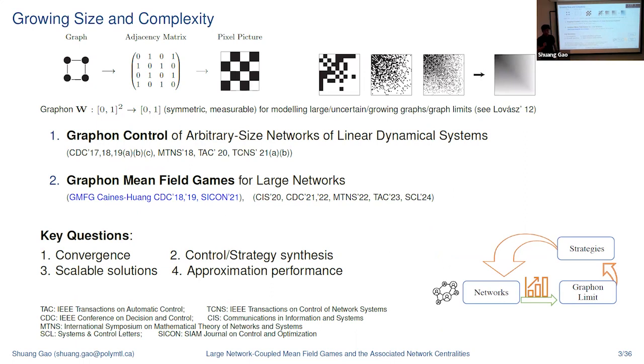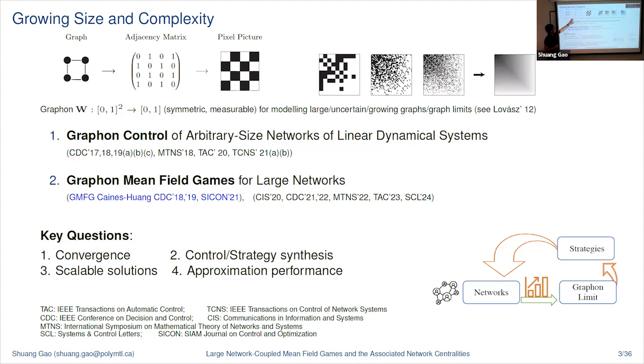I want to start with the notion of graphon. We look at a graph and represent the connections by nodes and links. We can also represent the graph structure through the so-called adjacency matrix, where the ij-th entry has a value 1 if there is a connection and 0 otherwise.